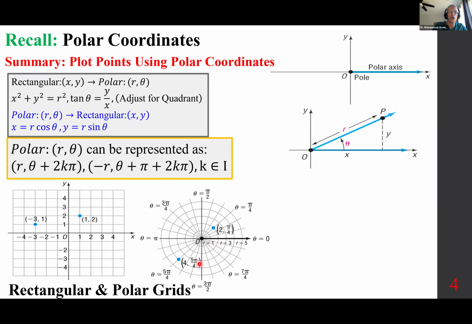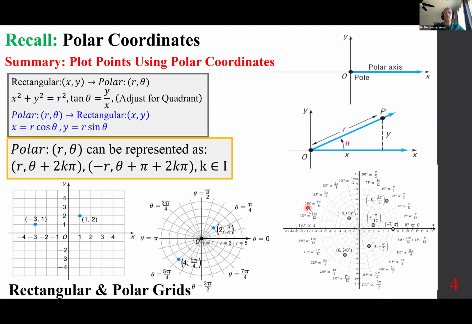So if you want 4 comma 5 pi over 4, first you locate 5 pi over 4, and then you go 4 tick marks or 4 circles. Putting them together, this is another grid which has both of them and shows how to locate points. Finally, note the pole, which has coordinates r comma theta. As long as r is 0, theta can be any angle; that represents the pole.